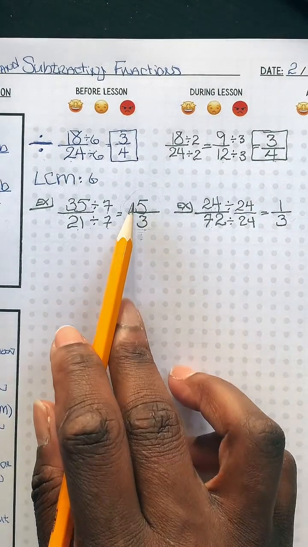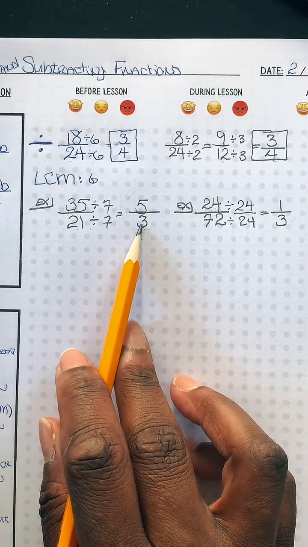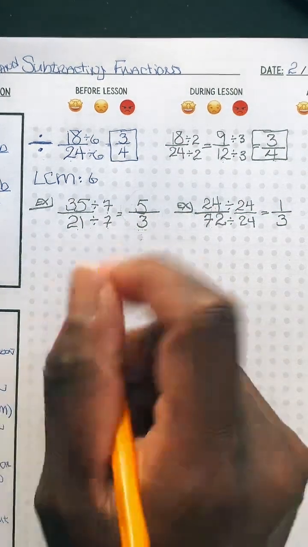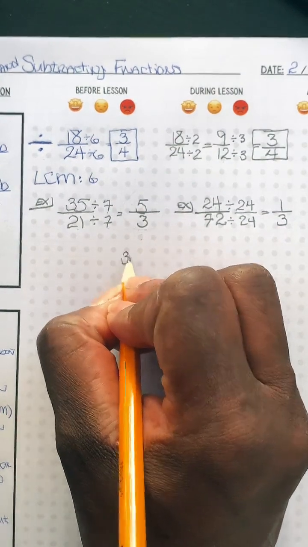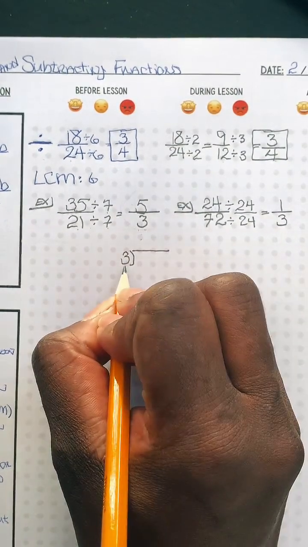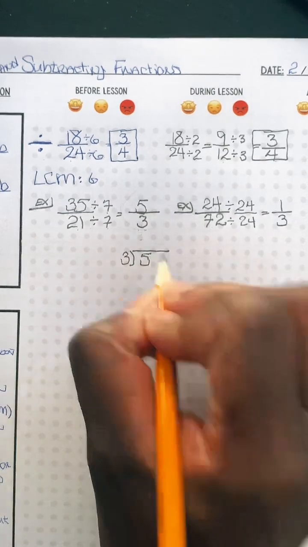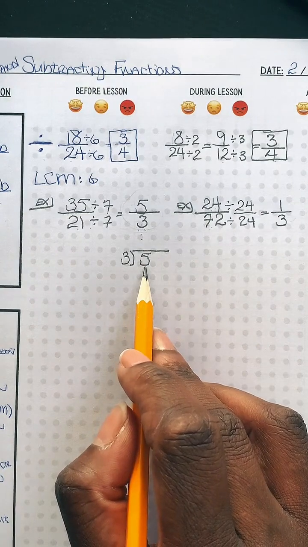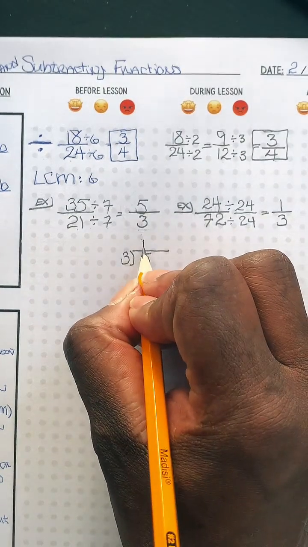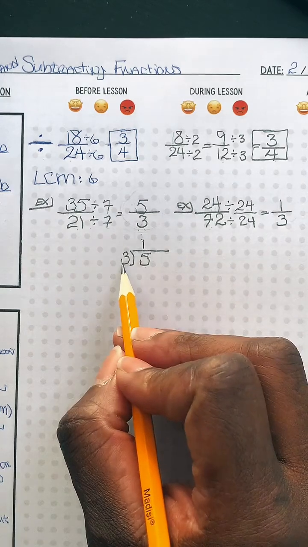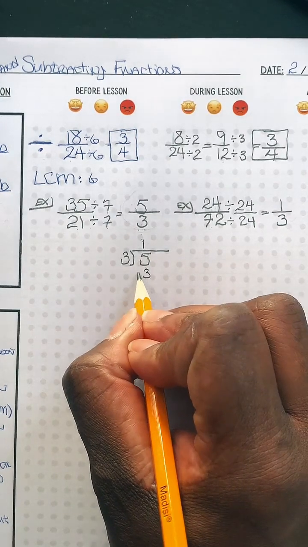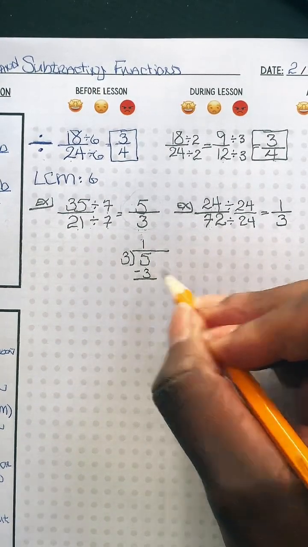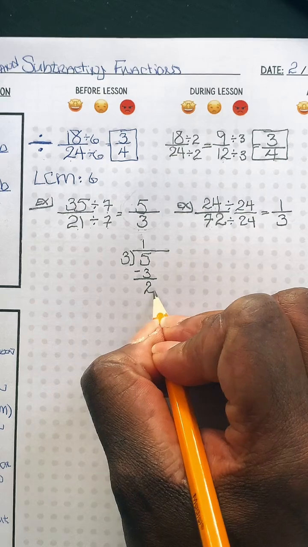Okay, so if we need to change this, here's another thing. If we ever need to change an improper fraction to a mixed number, yes, we're actually going to divide it. So remember this old time division? My divisor is going to be the 3. The dividend is going to be the 5. How many groups of 3s can go into 5? One group of 3. 1 times 3 gives me 3. Then we subtract. 5 minus 3 gives me 2.